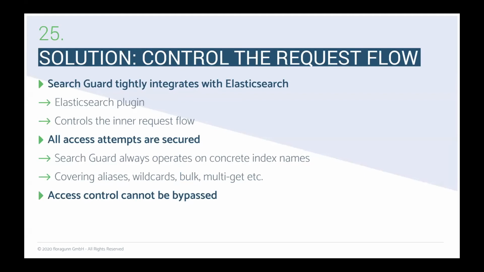So whenever we have a request, we can resolve the index name in the request to the underlying concrete indices, which means when I'm using a wildcard, SearchGuard has a look at the actual indices in your cluster, and then it maps the request to those concrete index names. So if you're accessing an index with its real name or an alias, or if an index is contained in a wildcard search, it doesn't matter. We will resolve all the indices and then apply the permissions accordingly, which means that the access control cannot be bypassed.